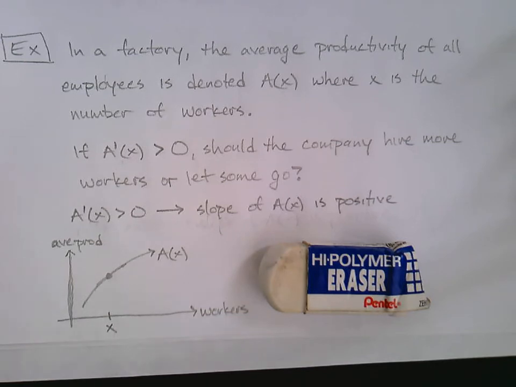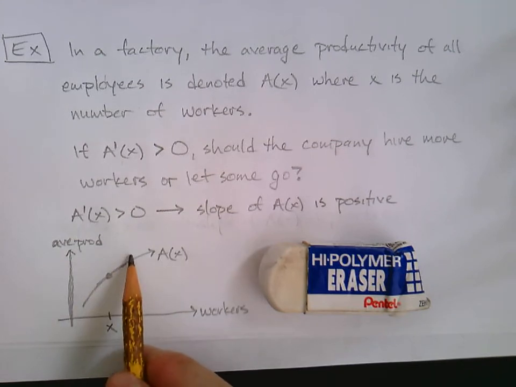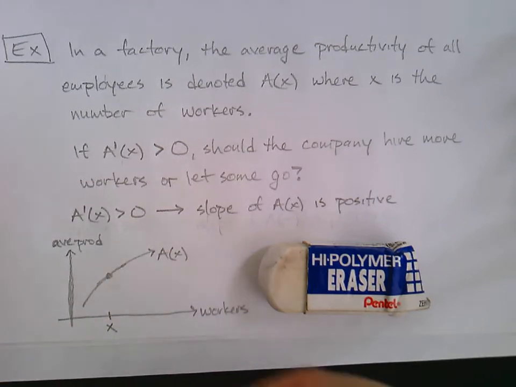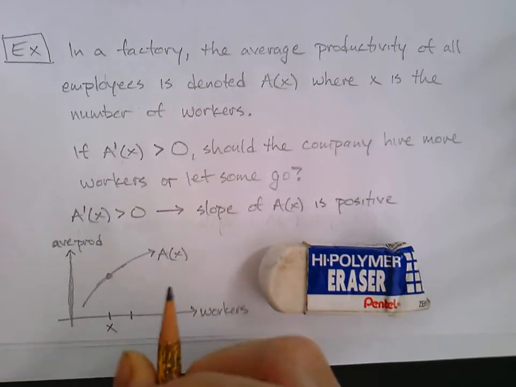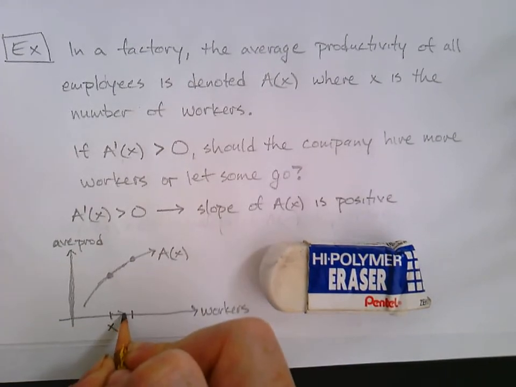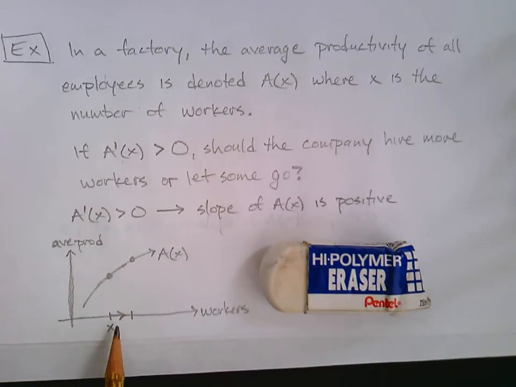And in this case, I want to move this over because this slope is positive. I know if I move to the right, it's going to go up further. So if I move over this way, then this is going to go here. So I want my number of workers to increase.